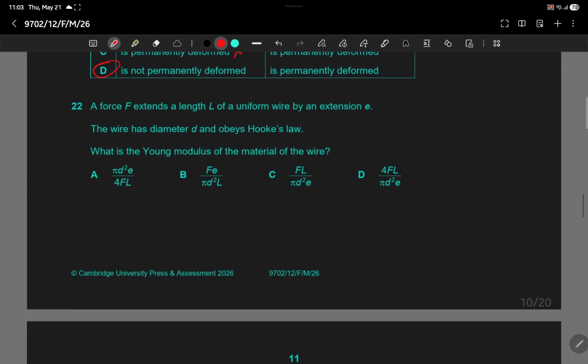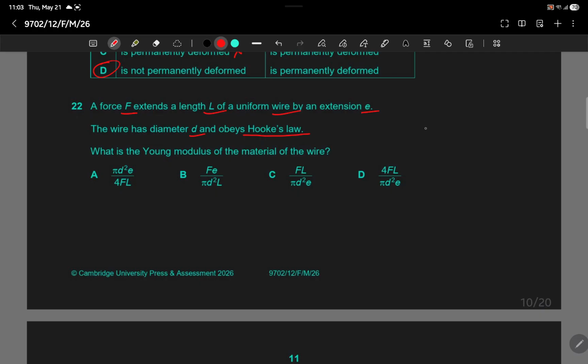Now, a force F extends a length L of a uniform wire by extension E. The wire has diameter D and obeys Hooke's law. That means it is still proportional. Now, what is the Young modulus of the material of the spring?